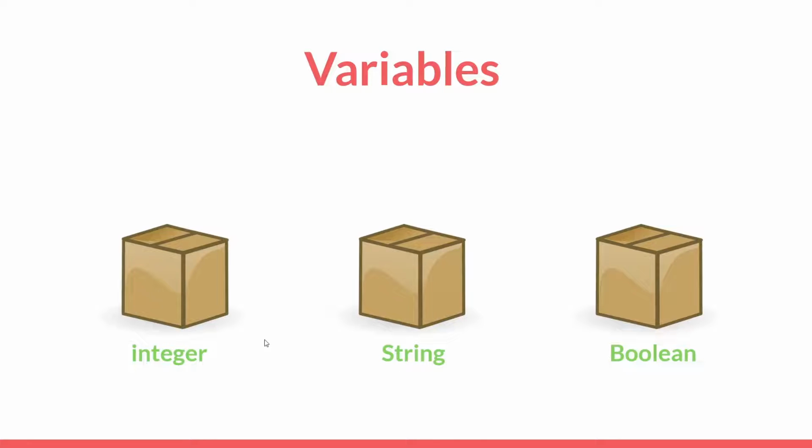And now we can put things inside of these boxes once we've given them a type, like 100 in our integer box, or hello in the string box, or true in the boolean box. So now we've created these variables or boxes that store this type of value, and the value is 100, which is very useful.